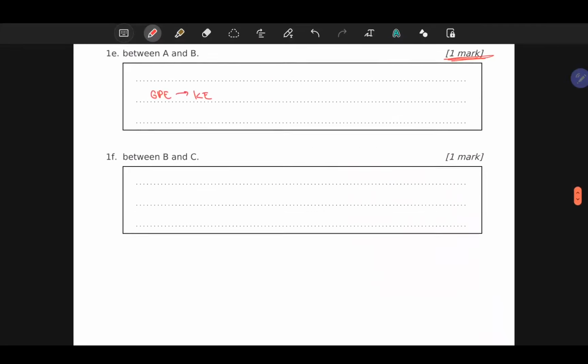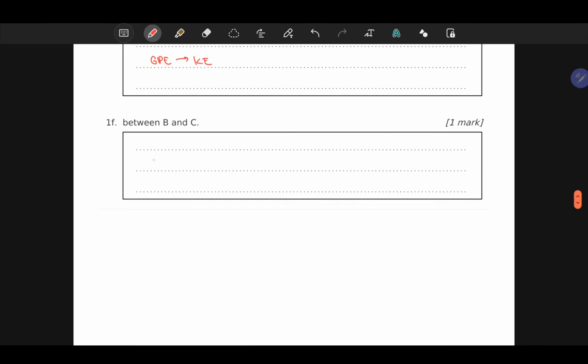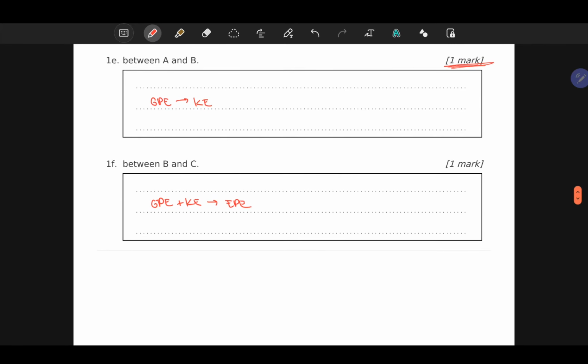That's fully conceptual. So we can say that the gravitational potential energy plus the kinetic energy transfers to elastic potential energy. If you're writing this in your final paper, you should probably write this in words, but I'm just going to say this because it's easier to see.